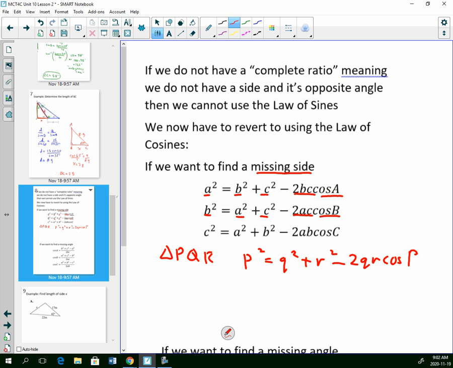So there is a pattern. It doesn't have to be triangle ABC. Sometimes if people get PQR, they cross it out and put ABC. I'm fine with that if that makes sense to you. But there is a pattern to the formula.